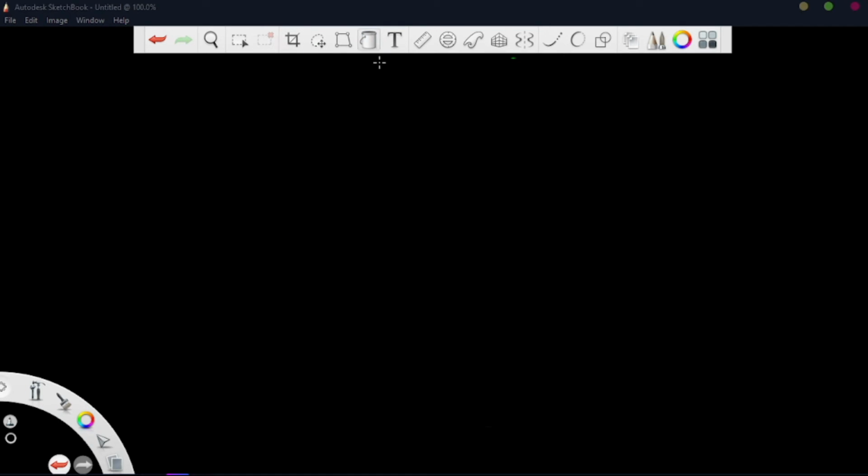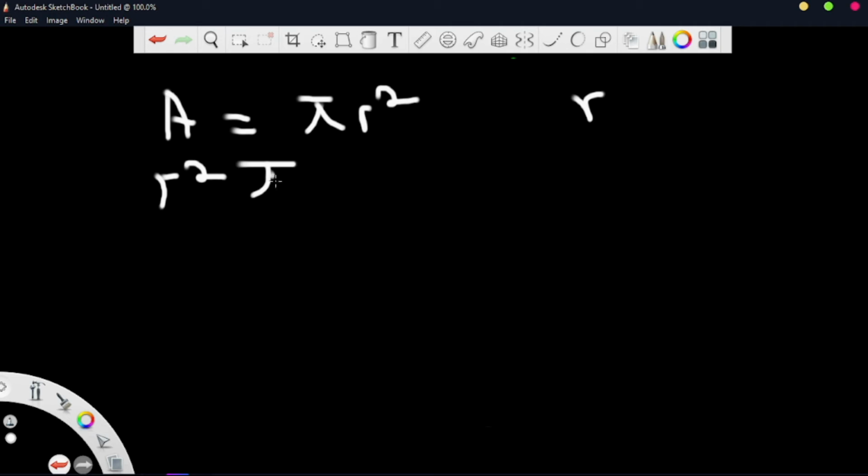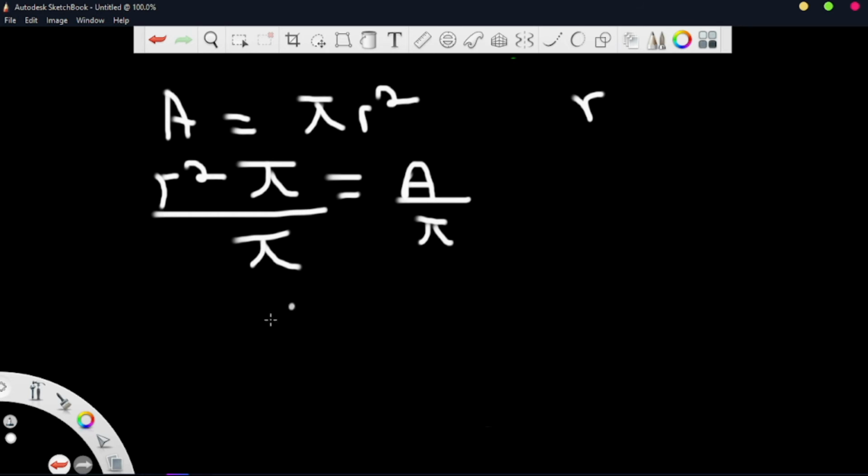Let's try out another one. Let's say we have been given A is equal to pi r squared, and let's say they want r to be the subject of the formula. So I can just do what I did last time and say r squared pi is equal to A, and then I can divide by pi, this side divided by pi, and then I have r squared being equal to A over pi.